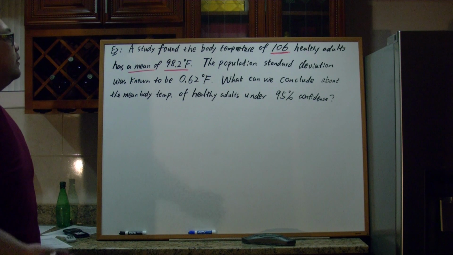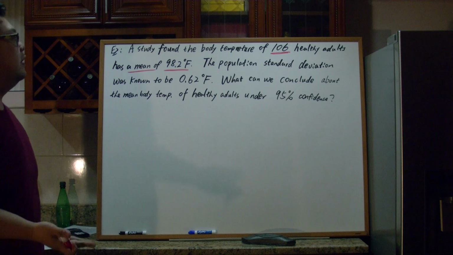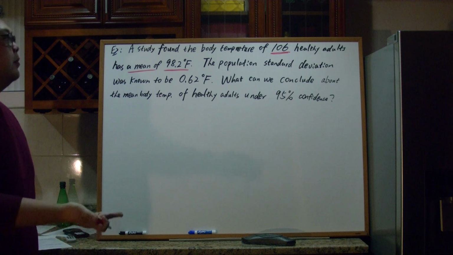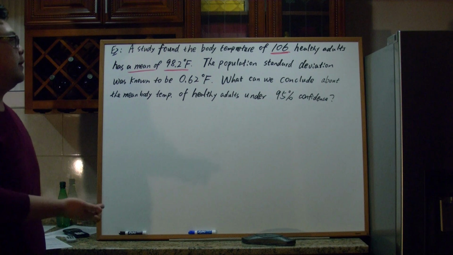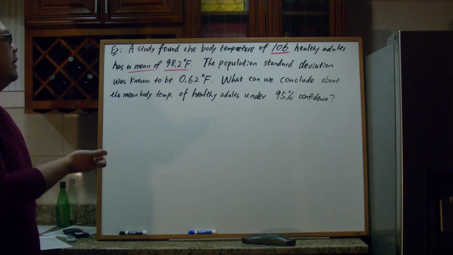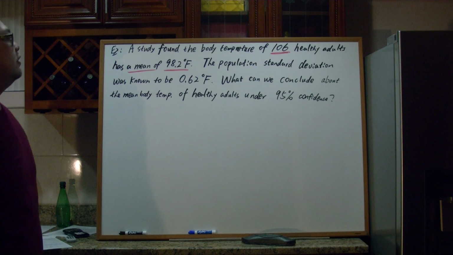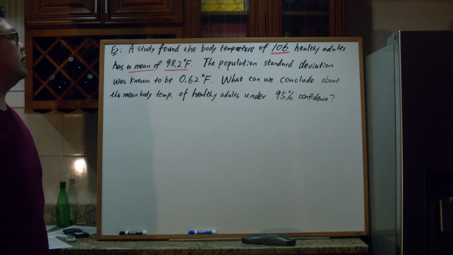When we read it, the first sentence says a random sample of 106 healthy adults, and the mean body temperature of the sample is 98.2 degrees Fahrenheit.